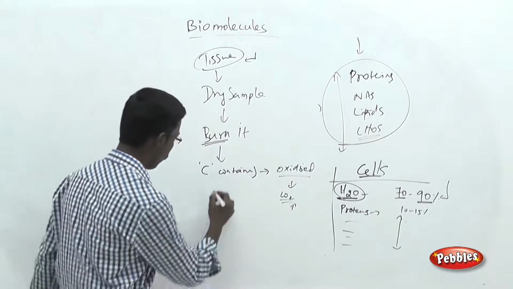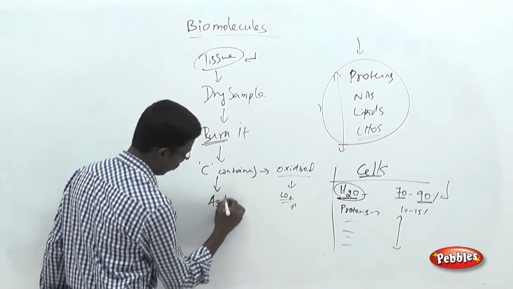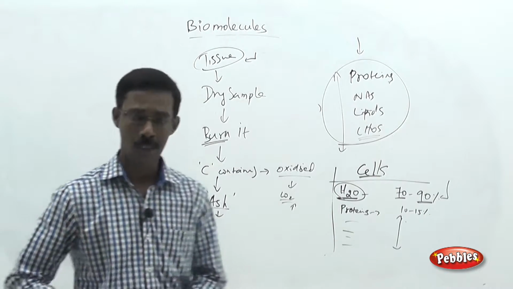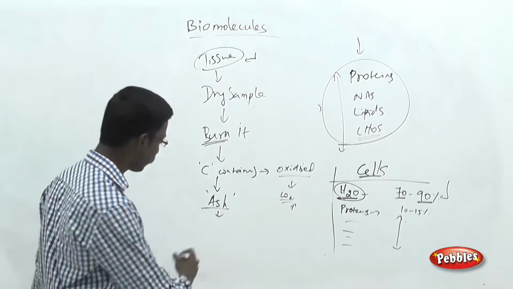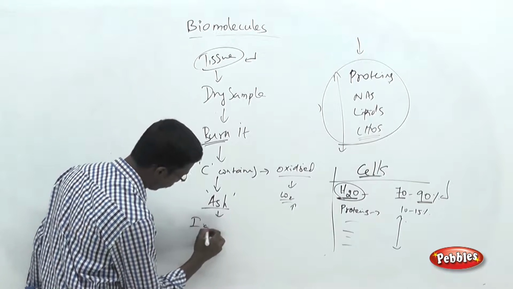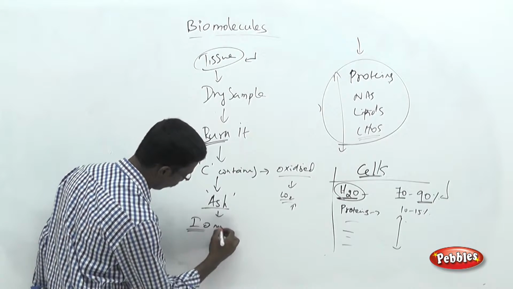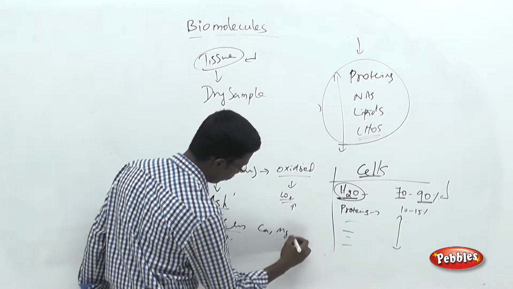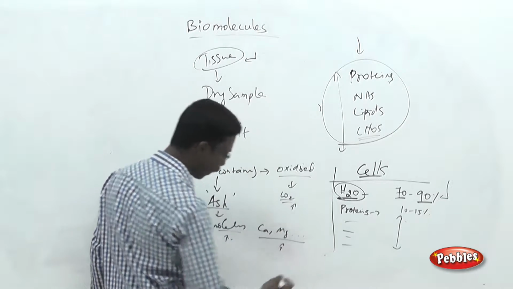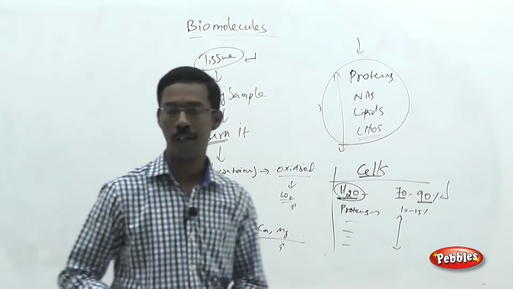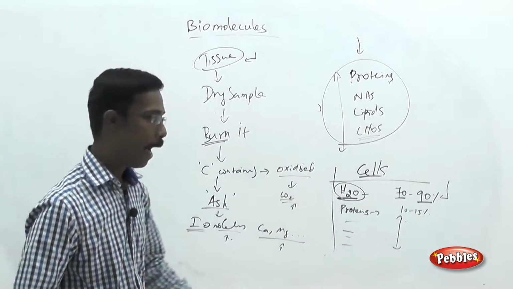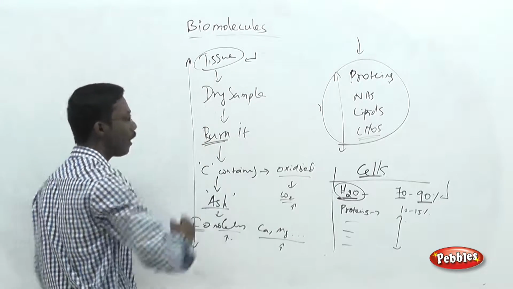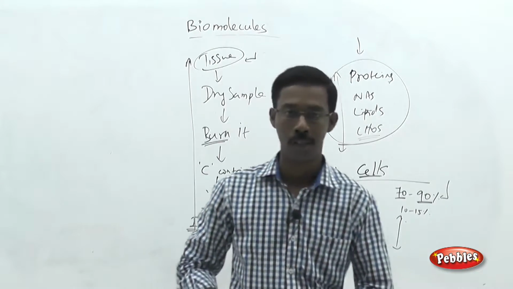So what will remain? The remaining thing is ash. What is the composition of the ash? The ash contains all the major inorganic molecules of the cell, like calcium and magnesium. In this way we can analyze the inorganic chemical composition of the cell.